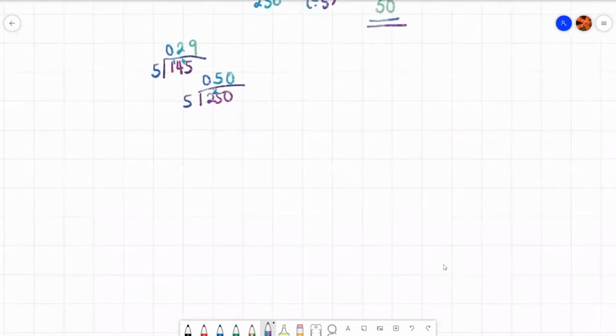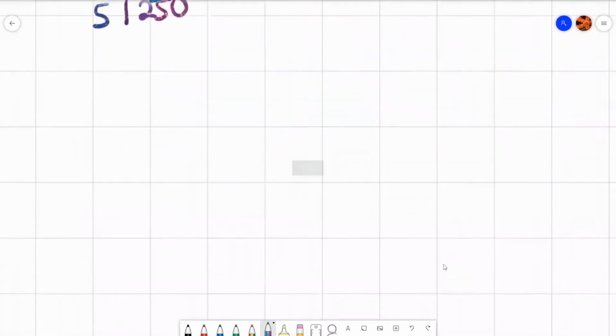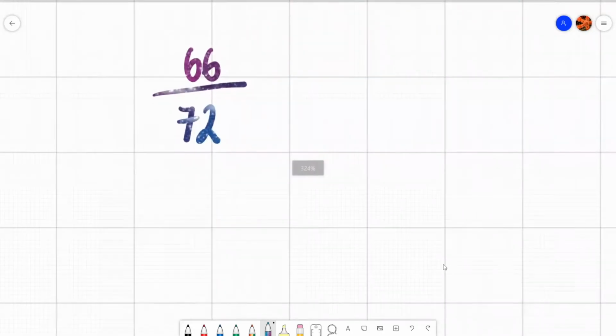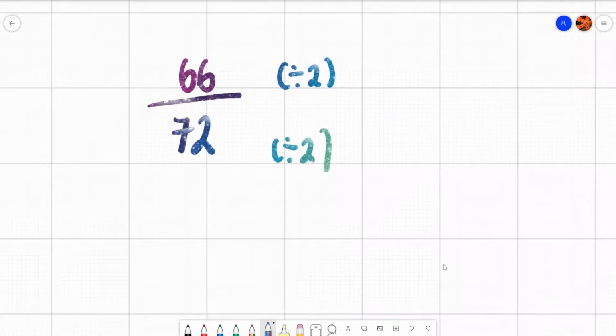Let's have a look at another example before we end our lesson. Let's do 66 over 72. Okay, this time I can half them both. Okay, 66 divided by 2 is 33. Let's not make the same mistake as before.